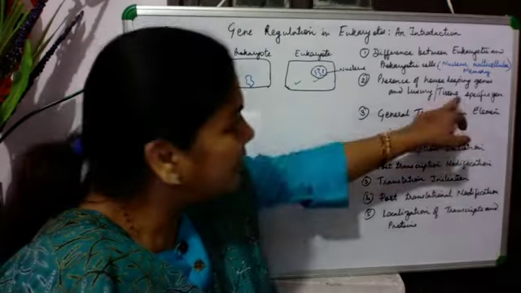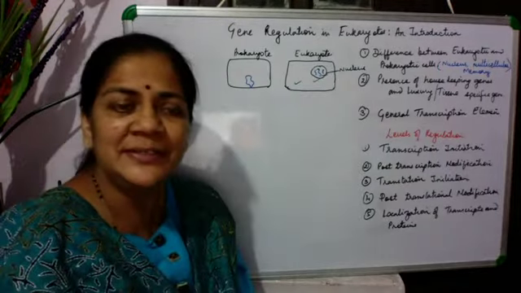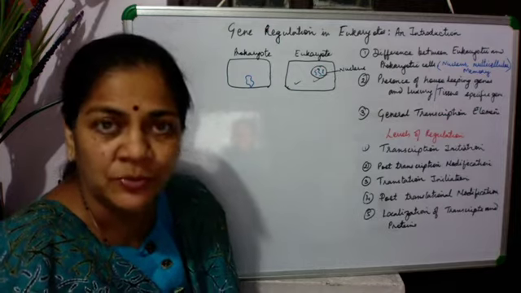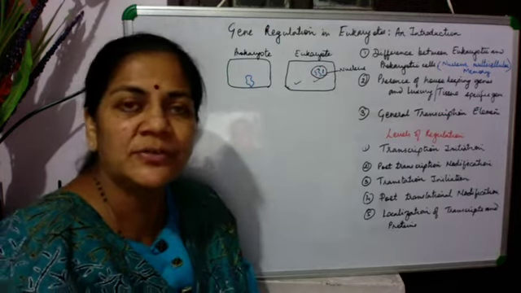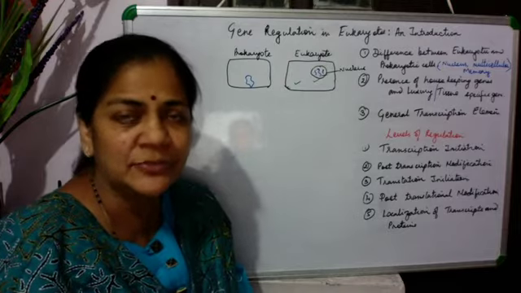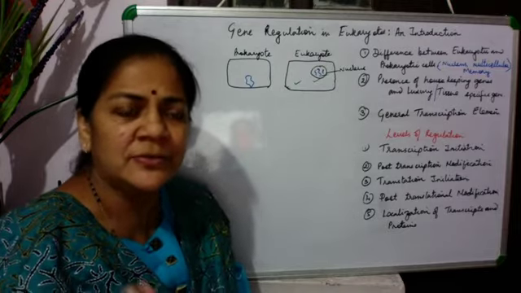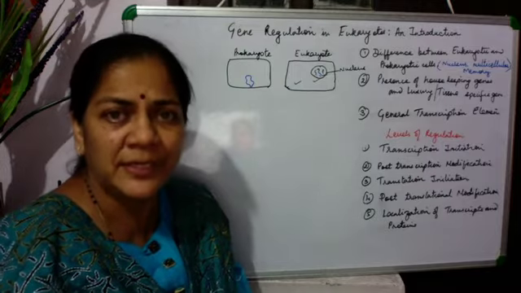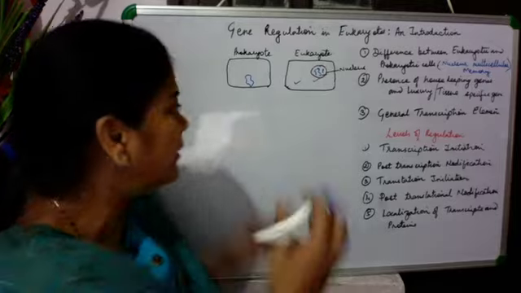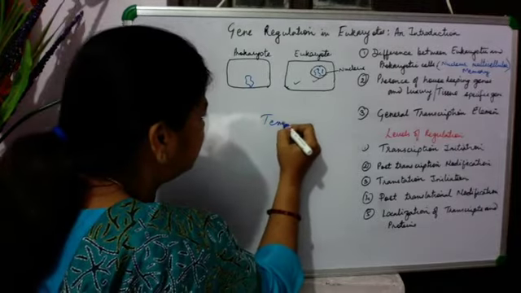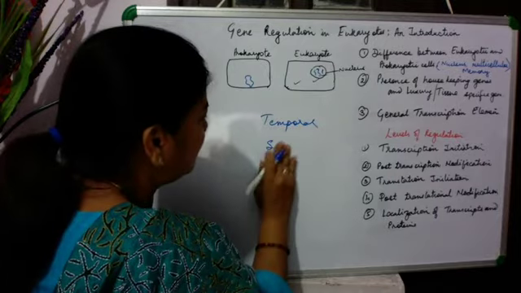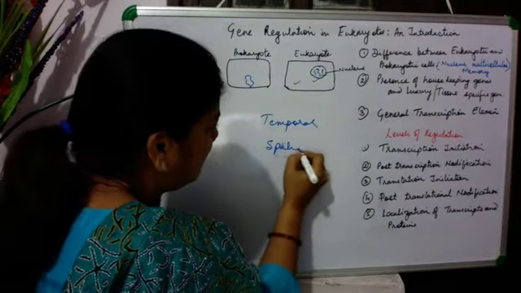On the other hand, the tissue-specific genes are the genes which are expressed in a particular tissue. As we have seen, in neurons only the neuron-specific genes are activated, whereas in muscles only the muscle-specific genes are activated. So these are regulated. Now the regulation of these tissue-specific genes is in a temporal and spatial manner.